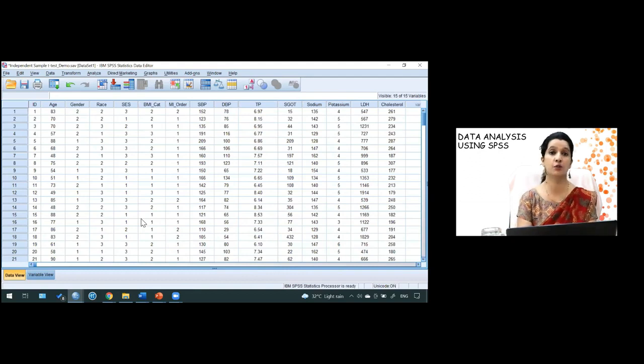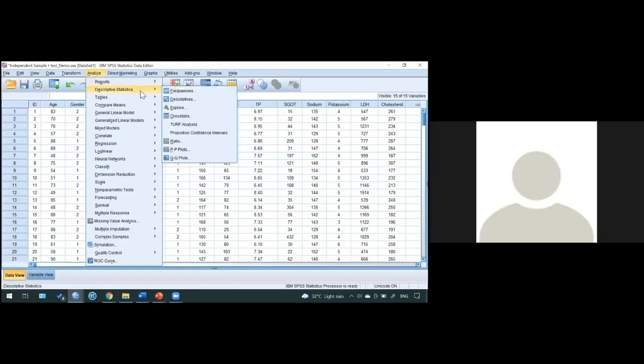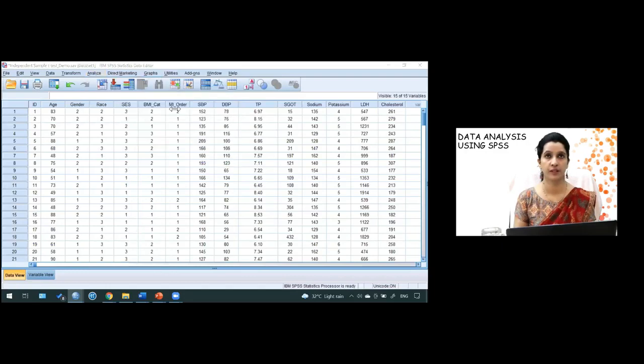The second assumption is that it should be approximately normally distributed, and the third is about outliers. For approximate normality, there is an option in descriptive statistics called explore. Please remember this command, because from now onwards we'll keep using it. So come to descriptive, explore, and click on that.